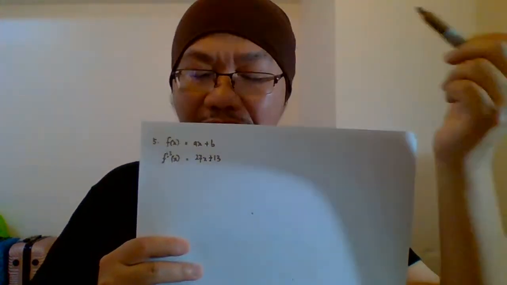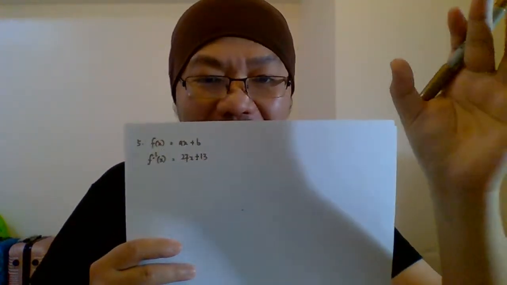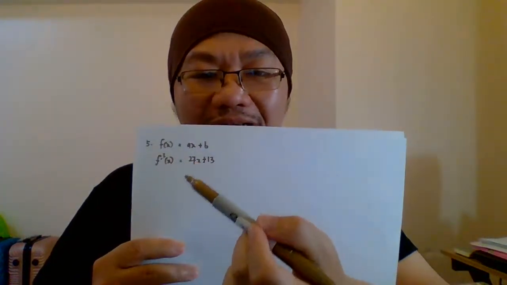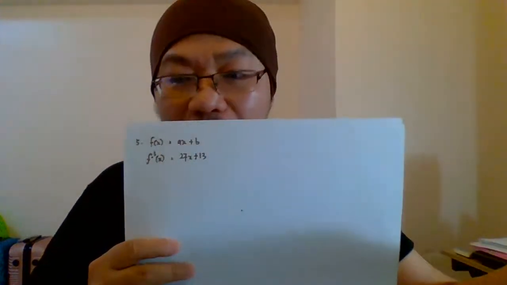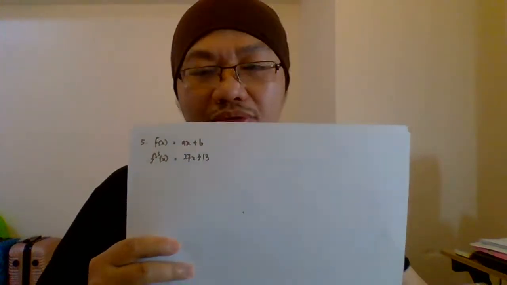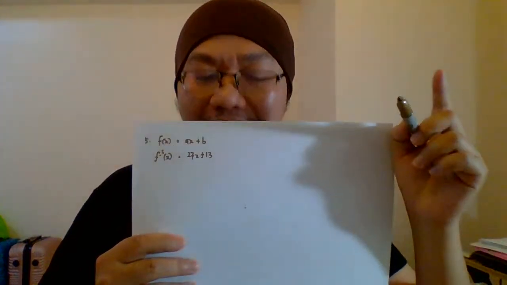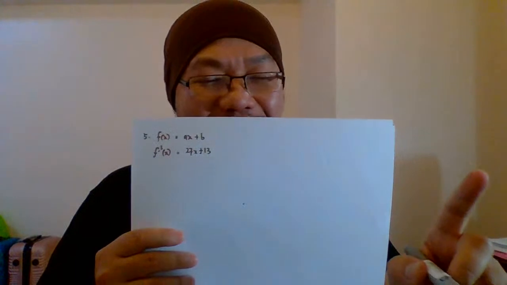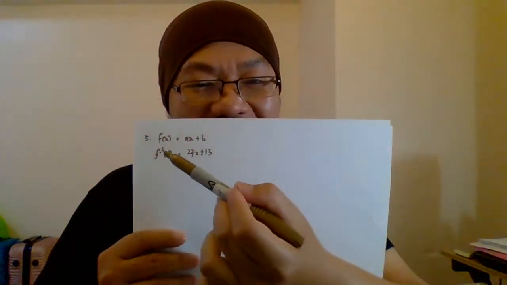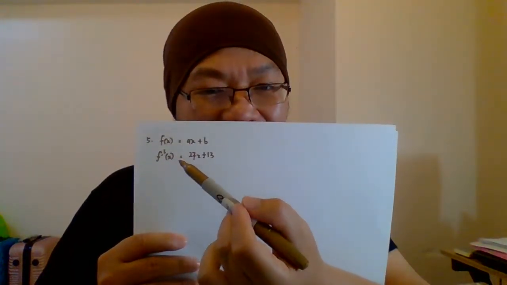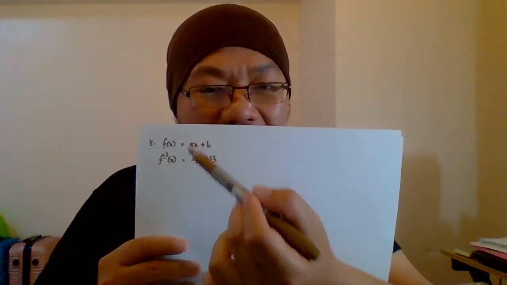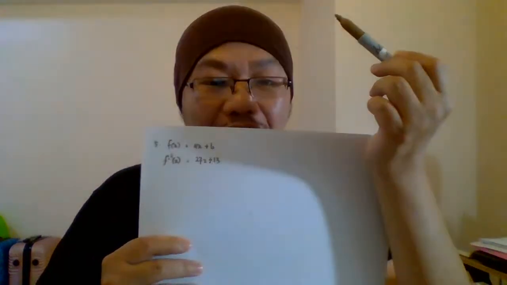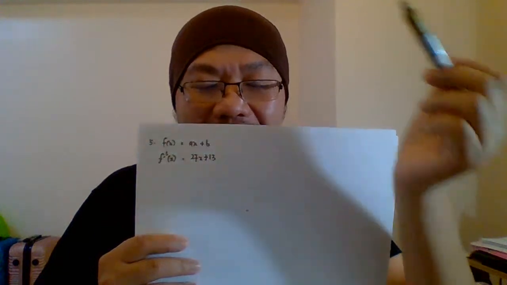So some people assume that the answer is a is 27, b is 13. That's all. Is that true? No. If it's correct, that is a coincidence, because this is f(x), this is f cube. They are different. If they are the same, that is a coincidence. It doesn't always happen.